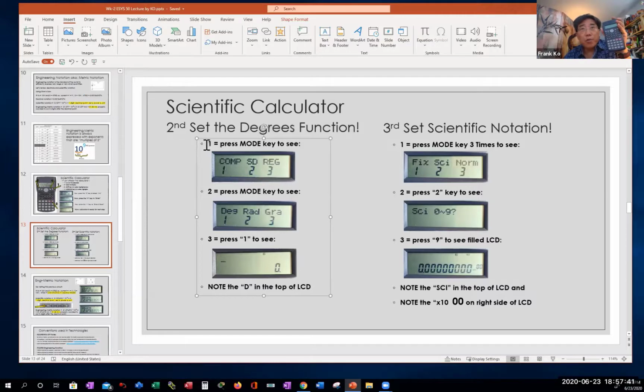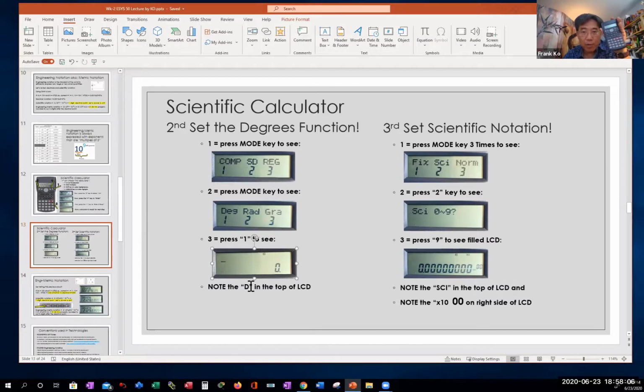So first thing you do is you press the mode key, and then we will see this. If I press the mode key again, I will see this option. At this point, I want degrees. So I'm going to key the number 1, and then I do so, I will now see this. And here, there will be a little tiny D in the top of your LCD.